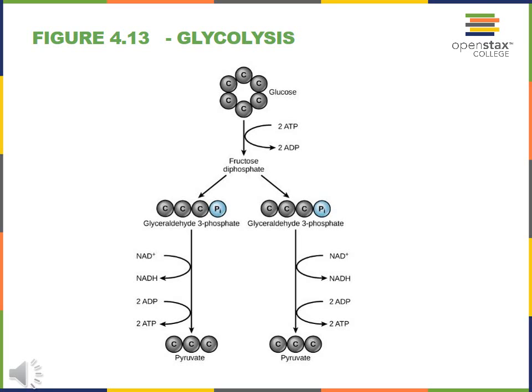Each side gives off both of those, and the energy and the coenzymes. So basically, if you count up the ATP, we've got essentially 4 being produced by glycolysis. So we've got 4 energy molecules being produced.